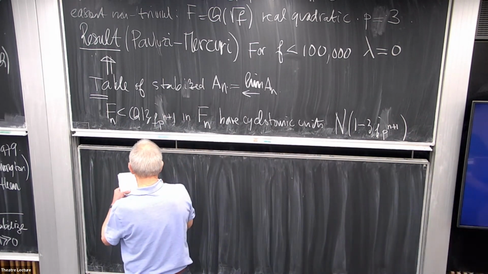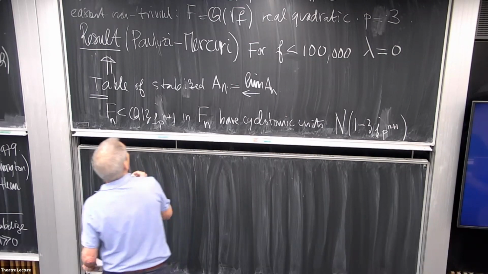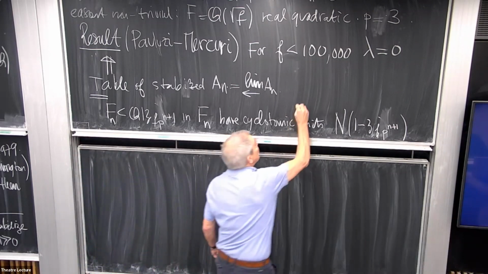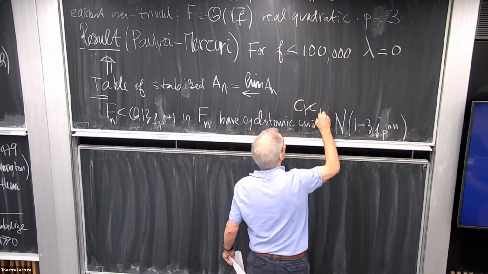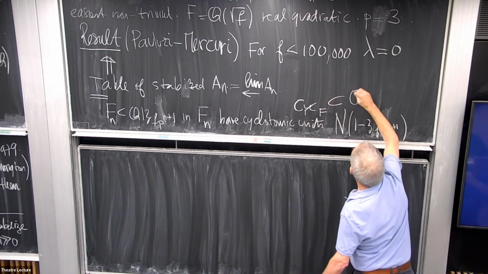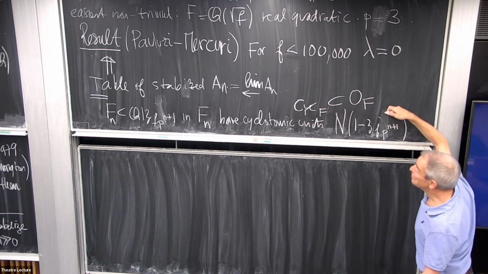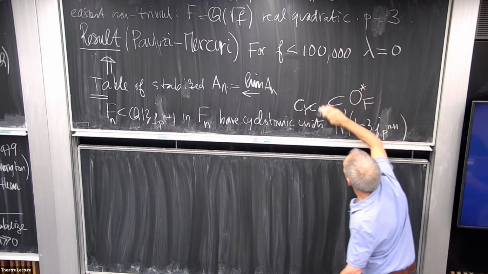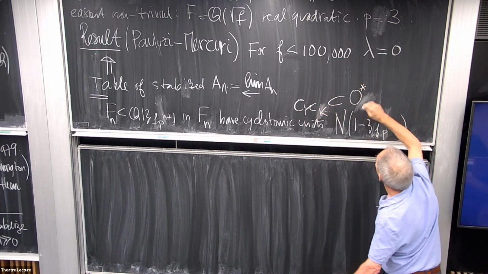We have cyclotomic units, and these cyclotomic units, I call the group Sigma_F, and it sits inside the unit group of the ring of integers of F, actually for an arbitrary number field.